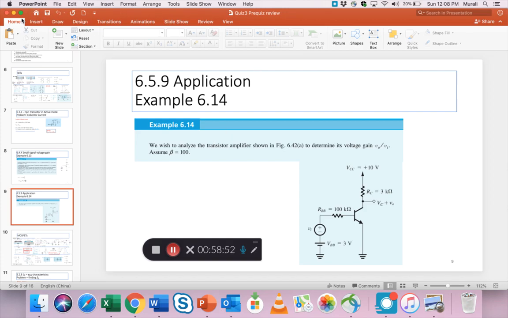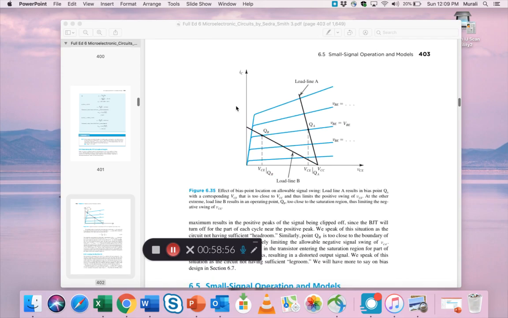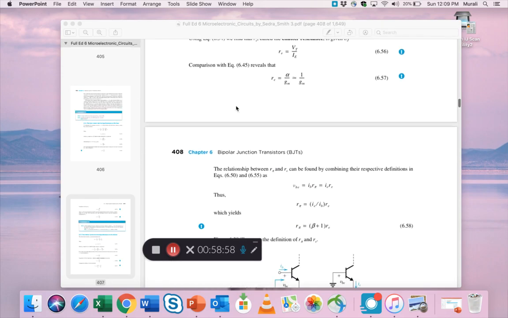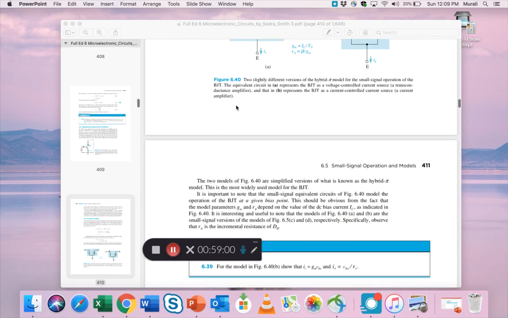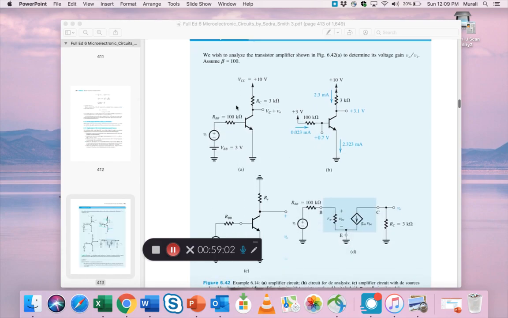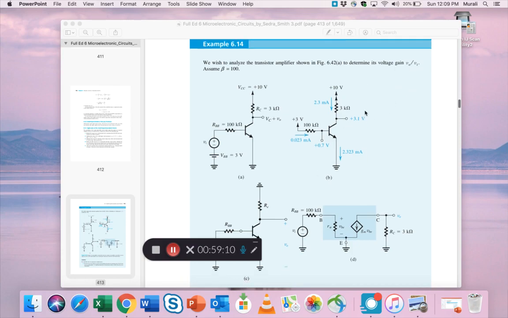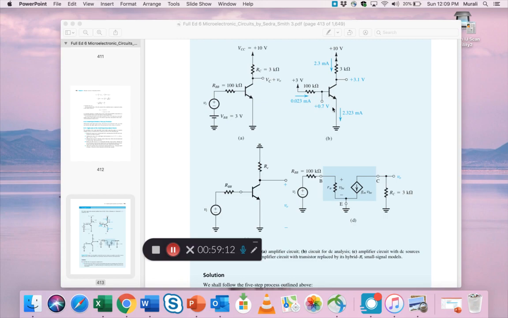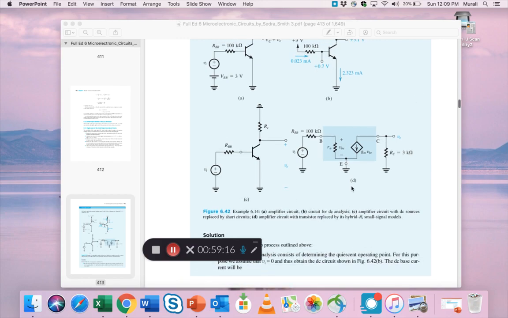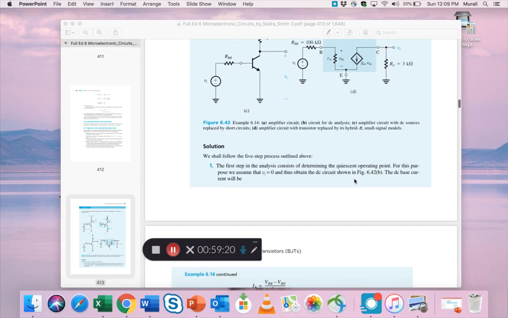This is 6.14, and let's see, 6.14 in the textbook is right here. So we wish to analyze the transistor amplifier to get the output voltage gain VO by VI. So he walks you through these 4 steps, A, B, C, D. He draws the model here and uses it to answer some questions.